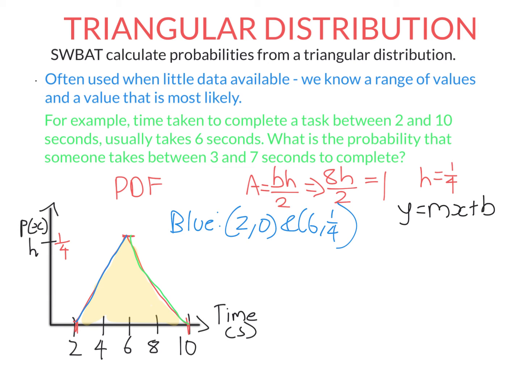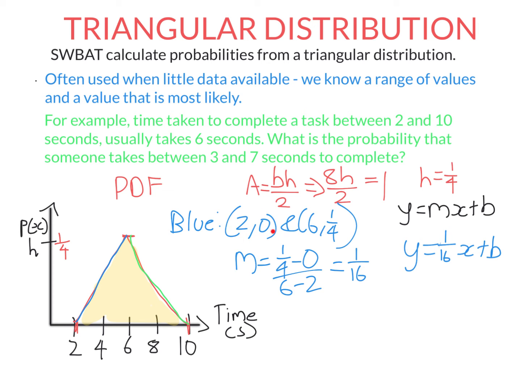The gradient m is (y2 minus y1) over (x2 minus x1). It is 1 over 16. Now to find b, we take our equation y = mx + b, substitute m for 1 over 16, and substitute x and y from one of the points.